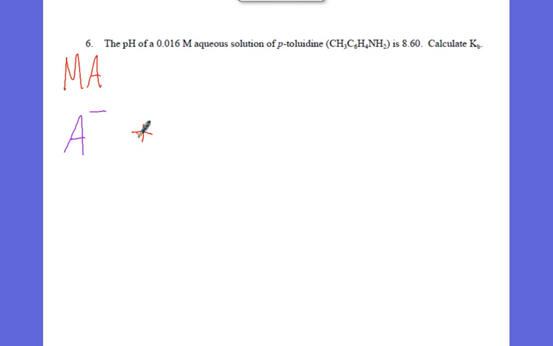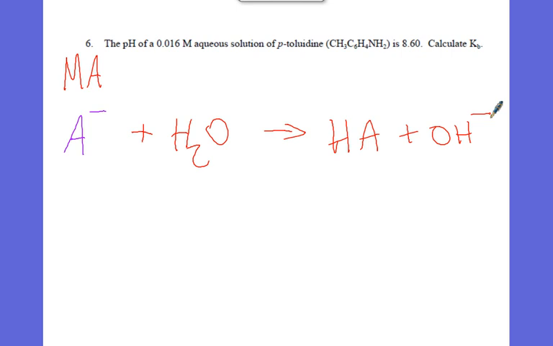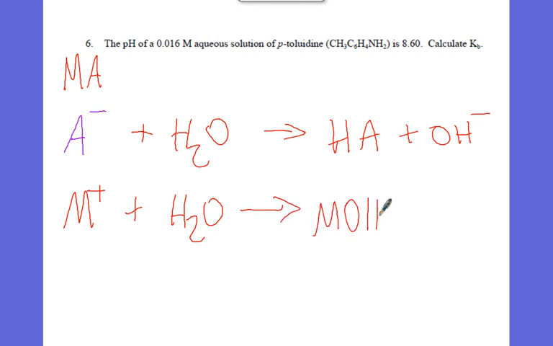The anion might react with water and behave kind of like a base, take a hydrogen off, and free hydroxide. The metal's got a positive charge. What could it take from the water? It could take the OH and produce hydrogen ions.